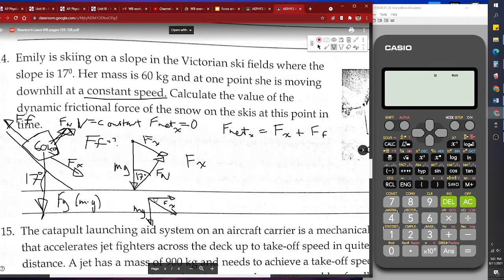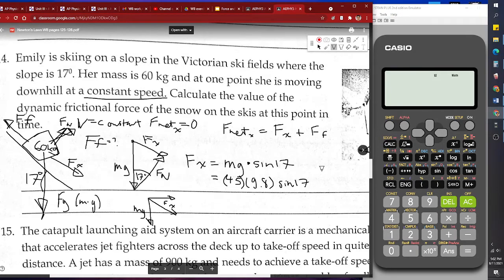So Fx will be the component of the gravity, and if I draw it as this vector, I can tell it's sine 17 because it's the side across from the angle. Once I know that, I can put in the information I know: the gravity force and then sine 17.